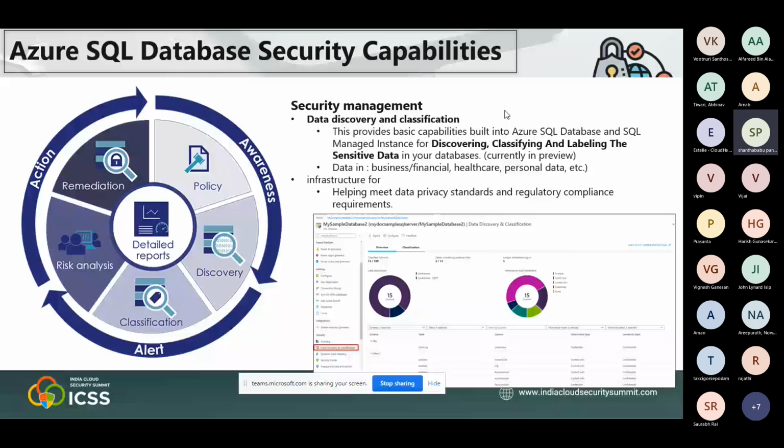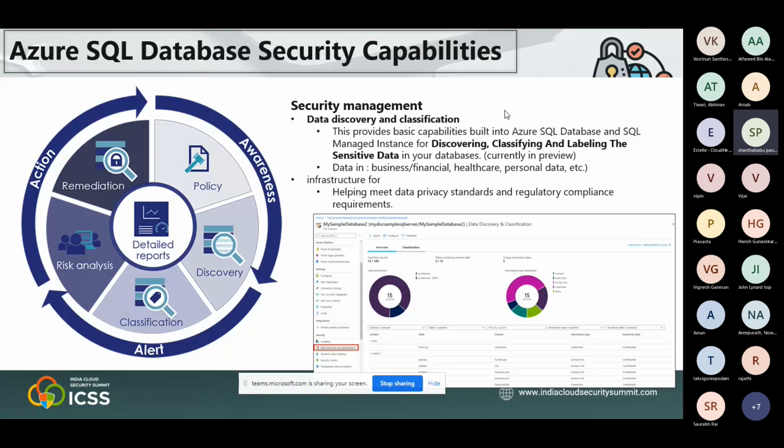Once you are connected and have configured your database, the data discovery and classification component will help you see that these are business and financial data, and these are healthcare, patient information. This could be sensitive data from patients or investors, and sometimes key equipment in the manufacturing industries.